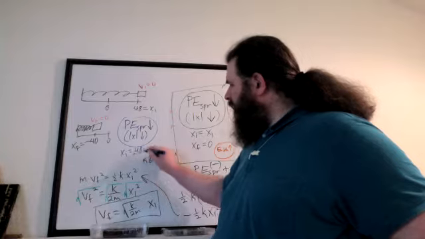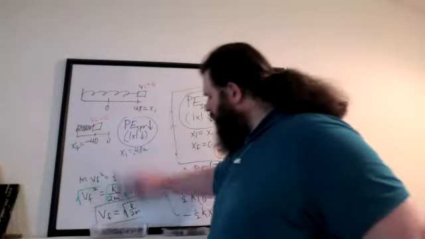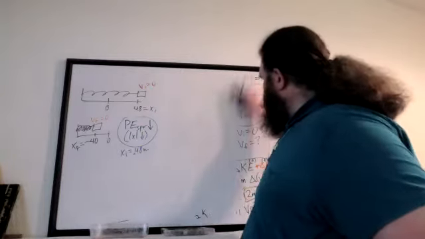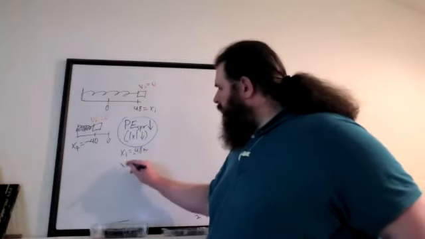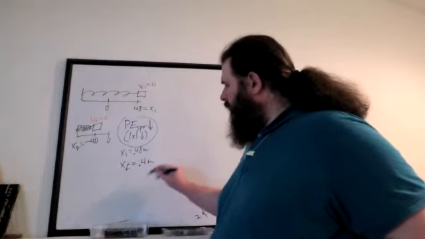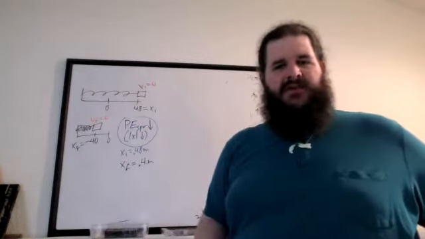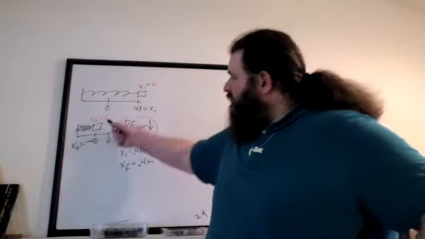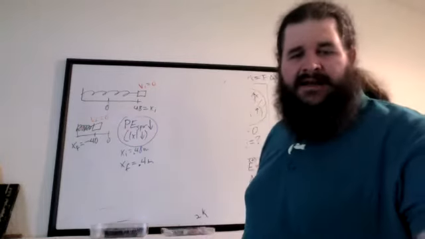We should probably convert these to meters so it matches up with the other units. X final would be 40 centimeters or 0.4 meters. And again, that's going to be negative, but since we're going to be squaring it anyway, it doesn't matter. And there's no change in kinetic energy because we start and end at speed 0.